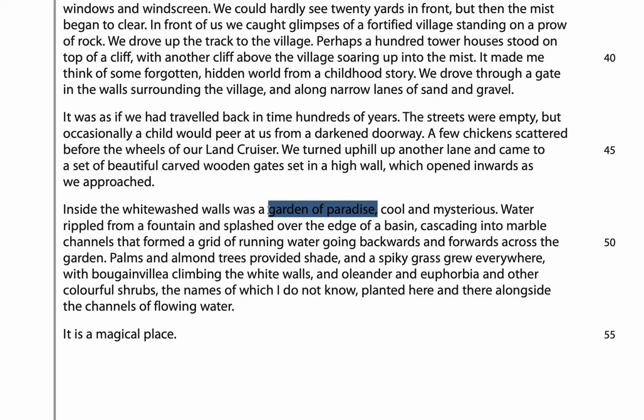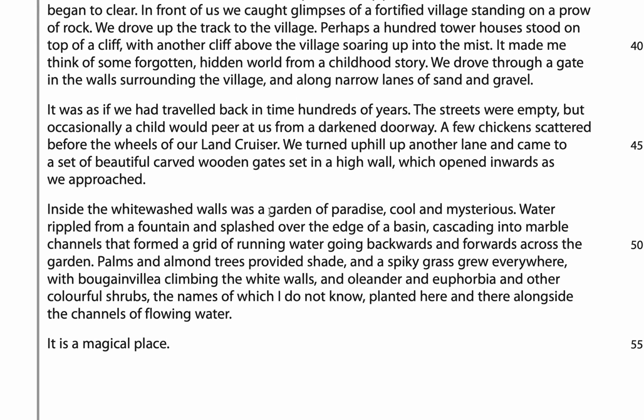Something like that exists. We hope something like that exists. So he becomes spiritual all of a sudden, cool and again mysterious. Wow, cool and mysterious. That is a contrast. But at the same time, it creates a rhythm as well.